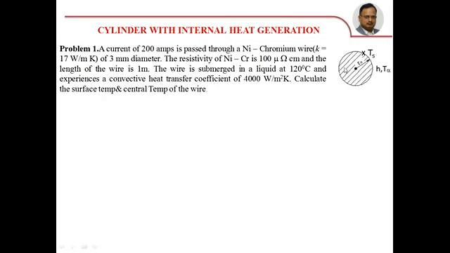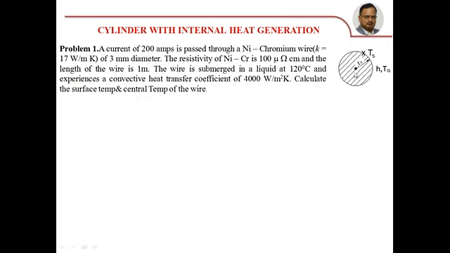Consider an electrical wire, maybe of nichrome wire, thermal conductivity 17 watts per meter Kelvin and 3 mm diameter. Thermal conductivity of this is 17, and the resistivity of the wire is given as 100 micro ohm centimeters.